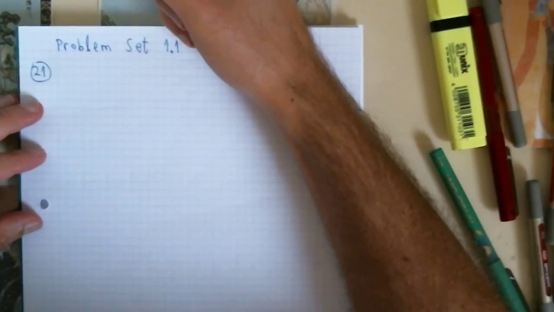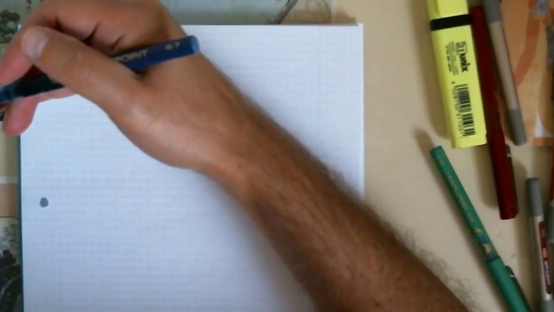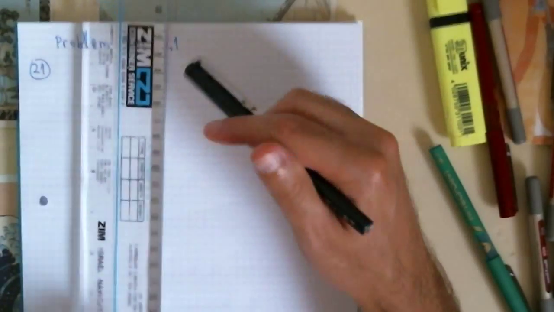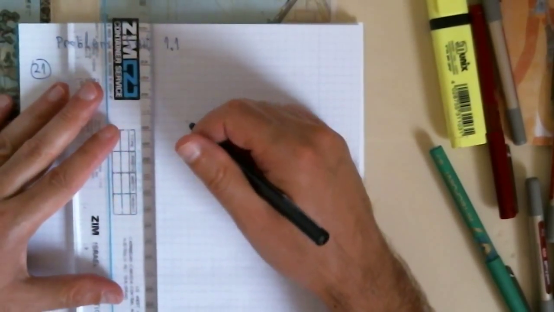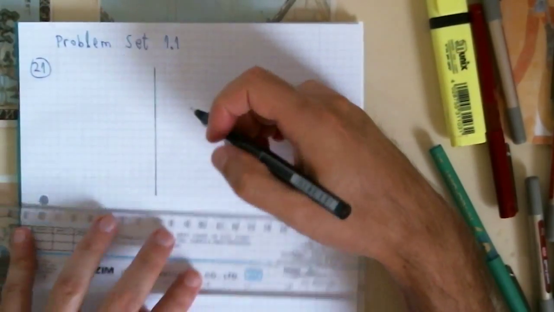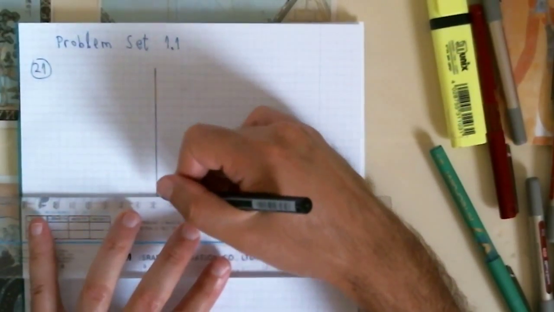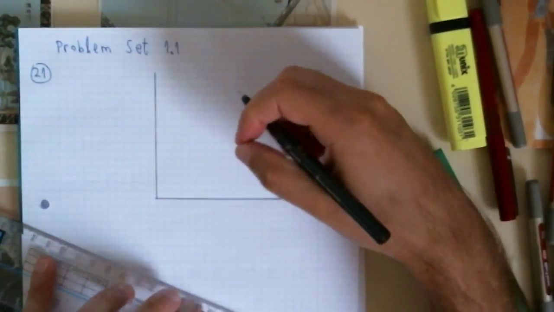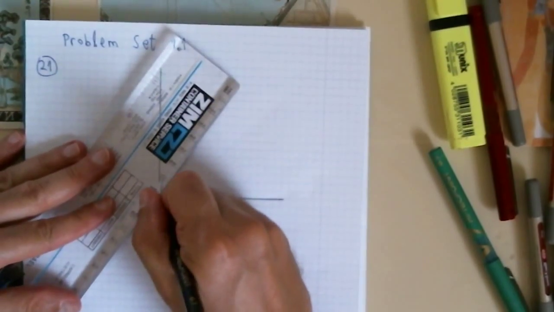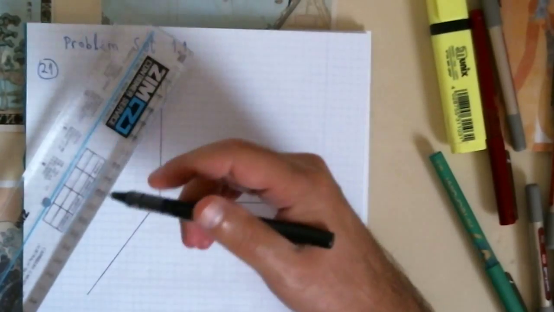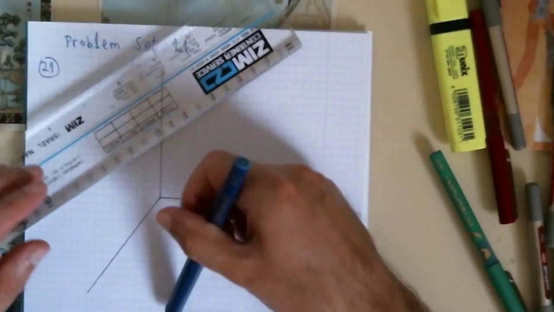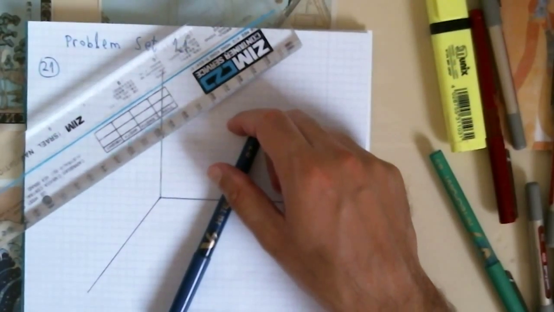So they ask us, we have the three vectors, okay, these are the axes. The x-axis, the y-axis, the z-axis. And we have the three vectors, which we have in page 9.